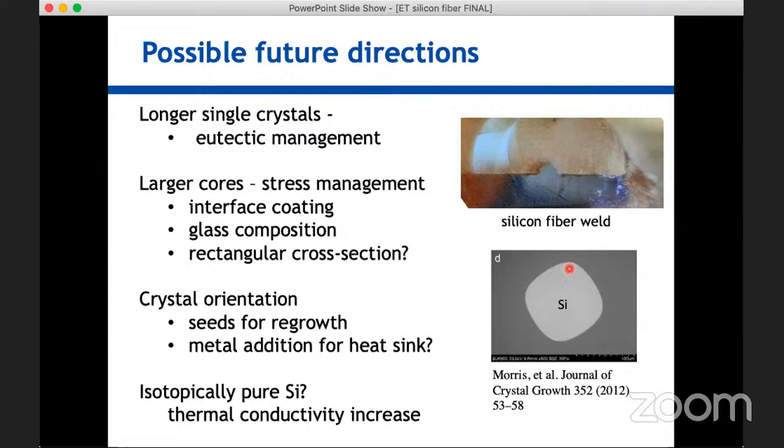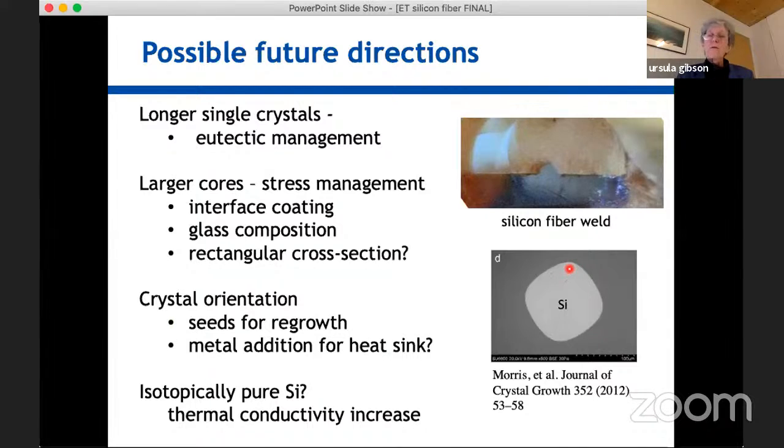But maybe my question was, is it more difficult to make it thicker than a thinner one? 0.5 millimeter or 3 millimeter? What is the most difficult? Thicker. Okay, so there's a lot we don't know. My feeling is that if we go to ribbons, we may be able to make material that has one larger dimension.